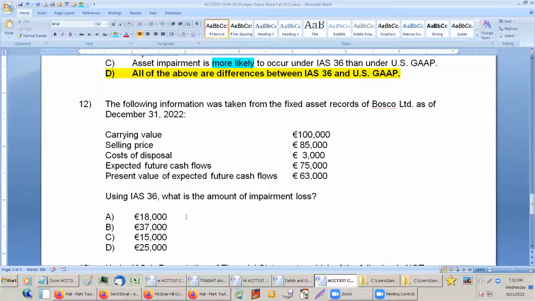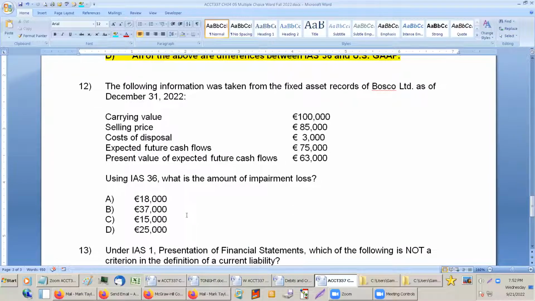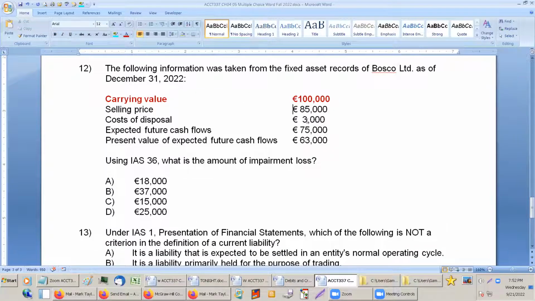Okay, what's the amount of impairment loss? Carrying value is 100,000. We can sell it for 85,000.